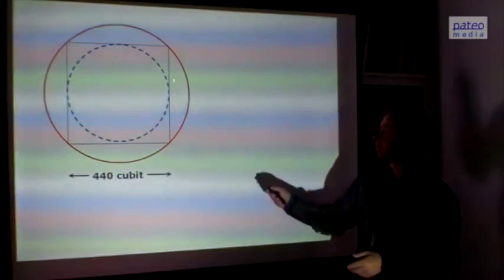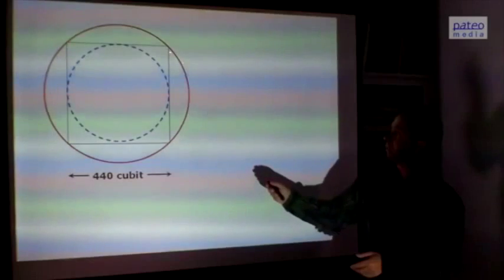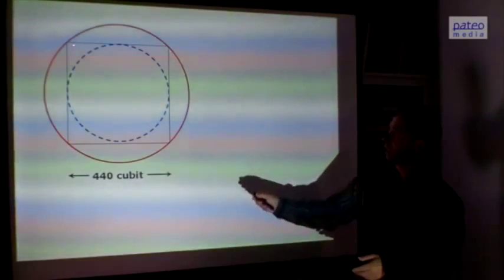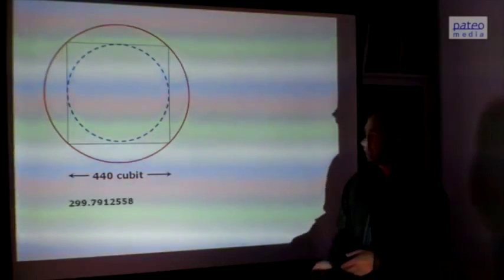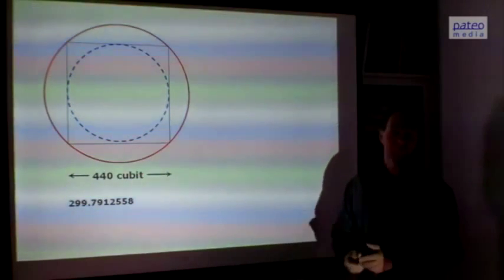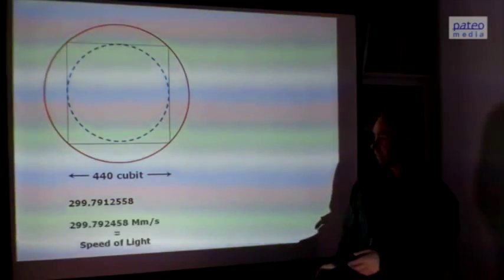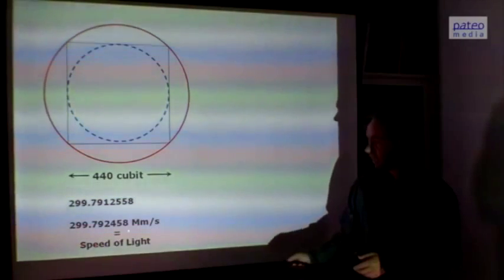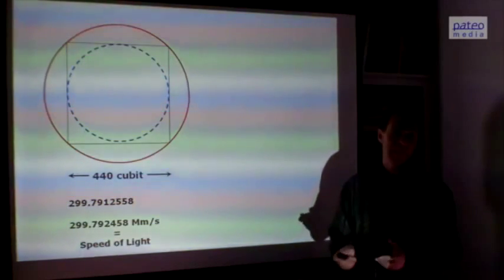When we take the base of the Great Pyramid and we draw a circle inside and we draw another circle outside, exactly hitting the four corners, then we find the difference in length between both circles, this number. That is nearly exactly the speed of light in megameters per second.